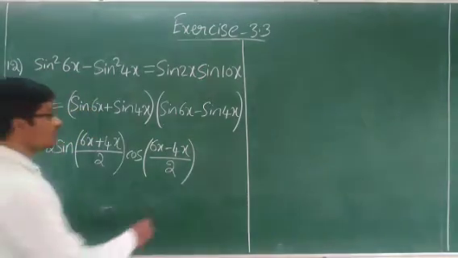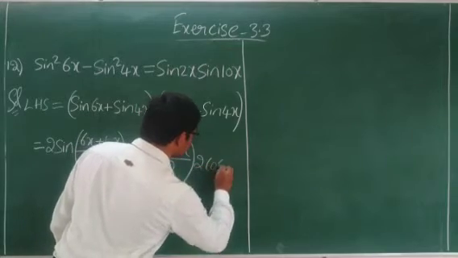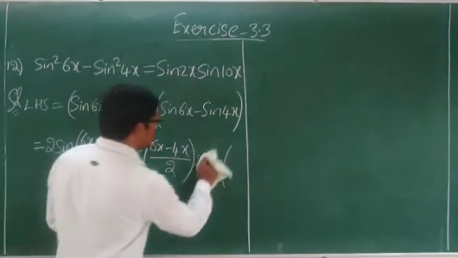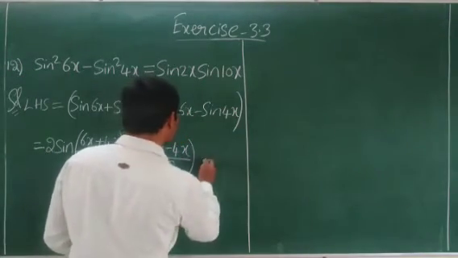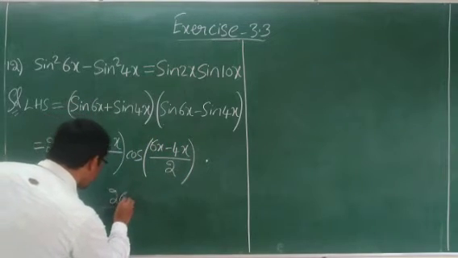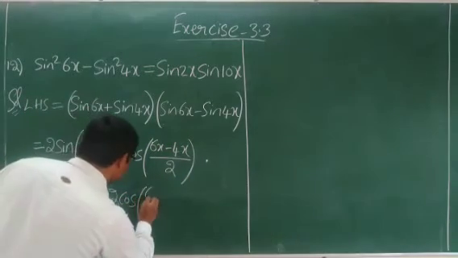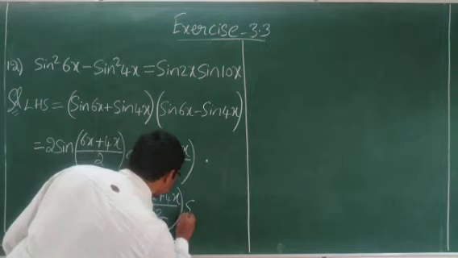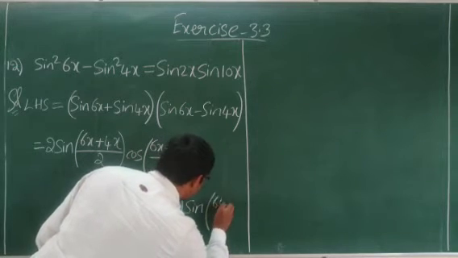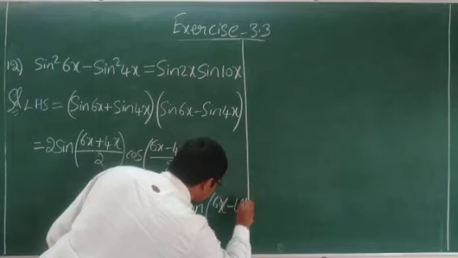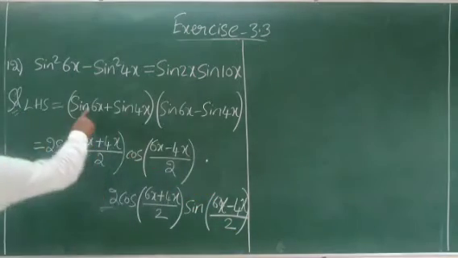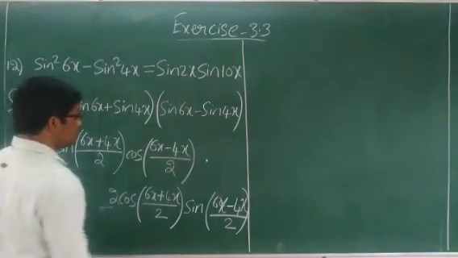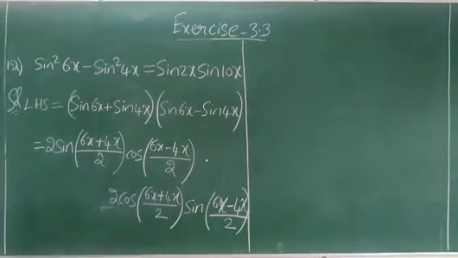Sin x minus sin y is 2 cos of (x plus y) by 2 into sin of (x minus y) by 2. So when you have sin plus sin, first we get sin then cos. When you have sin minus sin, first we get cos and then sin.